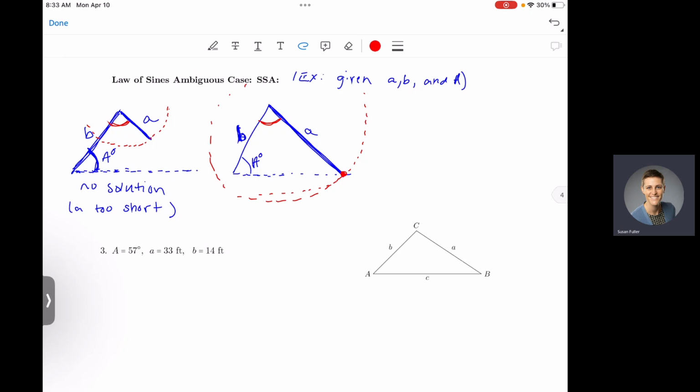By the time I swing back around to the left over here, it's longer than B. It's outside my triangle over there, so I don't have anything else over there. So this is the case where we would have one solution. And basically that happens when A is longer than B.